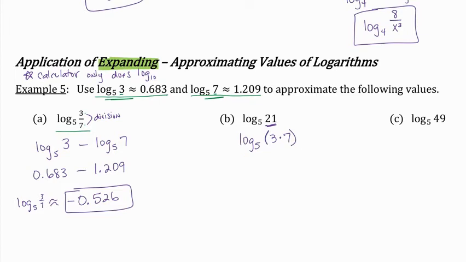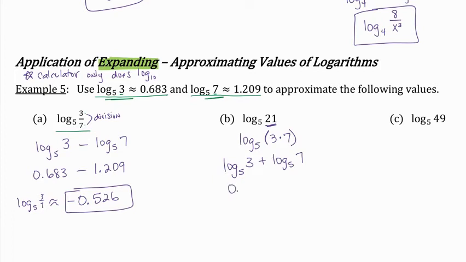Well, if I write it as a multiplication problem, now I can expand that, and multiplication I can change into addition of multiple logs. So I get log base 5 of 3 plus log base 5 of 7. And those are those two logarithms we know, right, from the directions. So again, I can replace with their values.